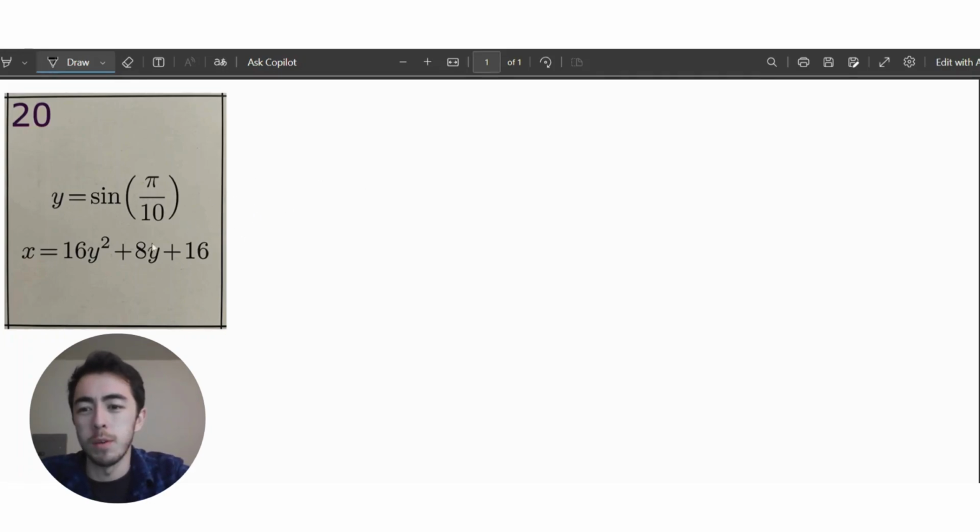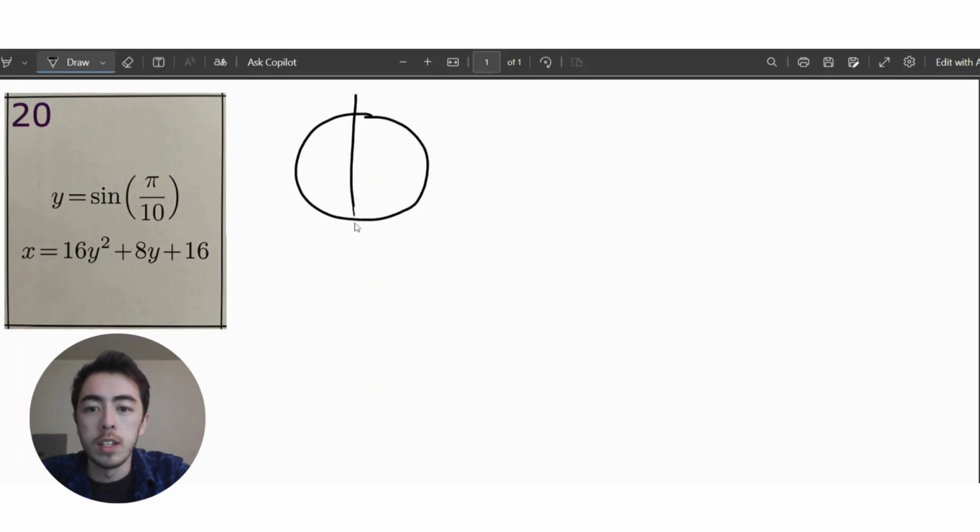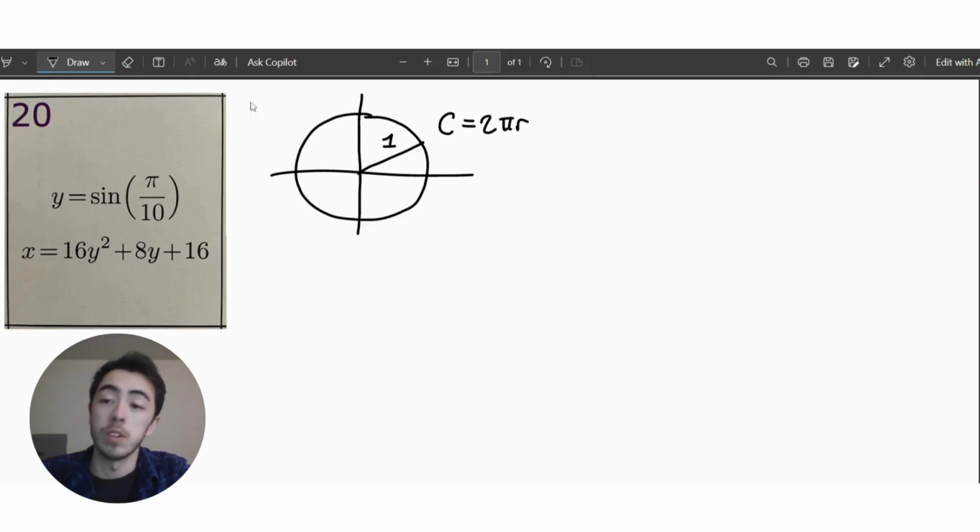Well, let's talk about what sine of pi over 10 looks like. I like to imagine a unit circle here. And the whole unit circle, if we go all the way around it, has a circumference of 2 pi. That's just because the radius is 1, and then circumference is 2 pi r on any circle.